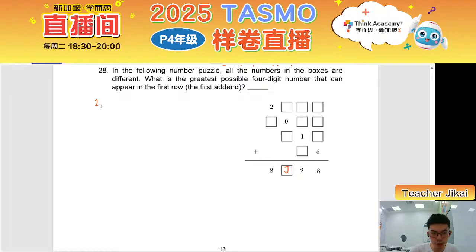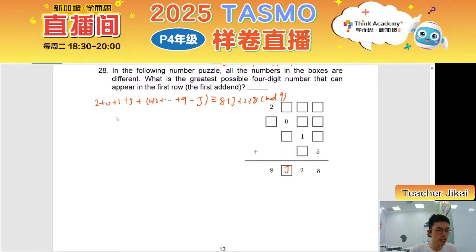It is like 2 plus 0 plus 1 plus 5 plus, yes, 1 plus 2 plus blah blah blah plus 9. And we minus the J. It is the digit sum for these 4 numbers, right? And it will be equal to the remainder divided by 9, right? For the sum of it, 8 plus J plus 2 plus 8, when we mod 9.